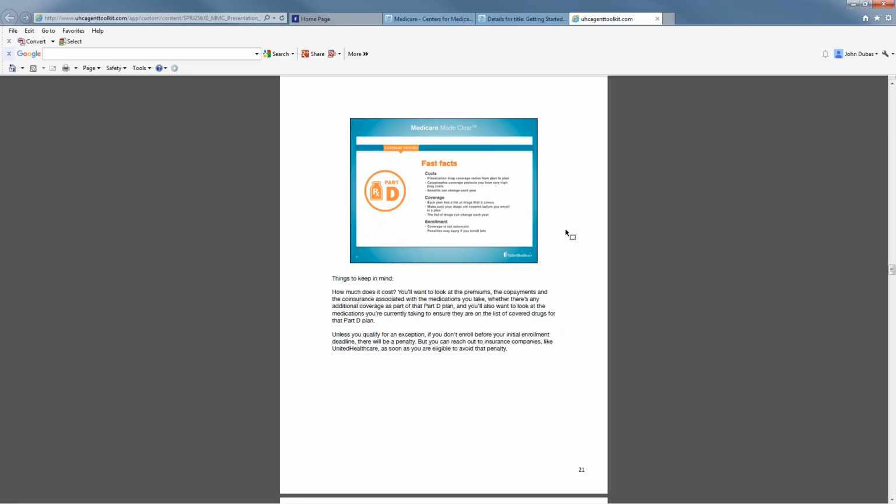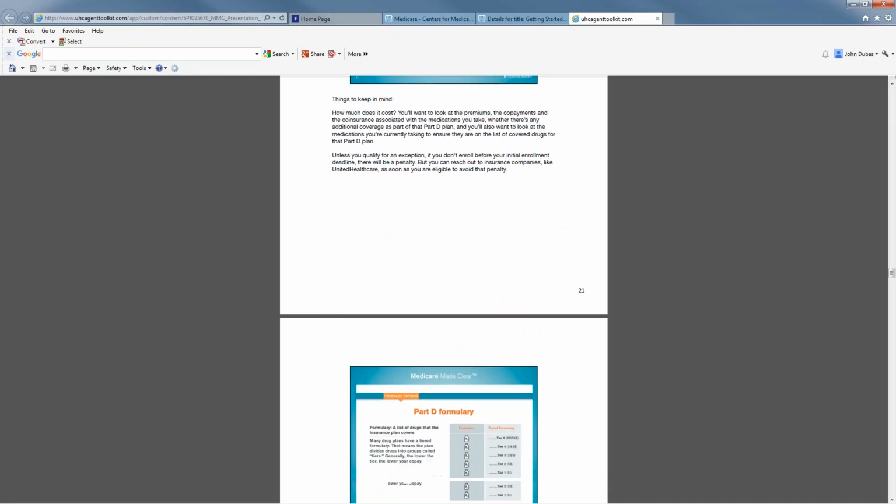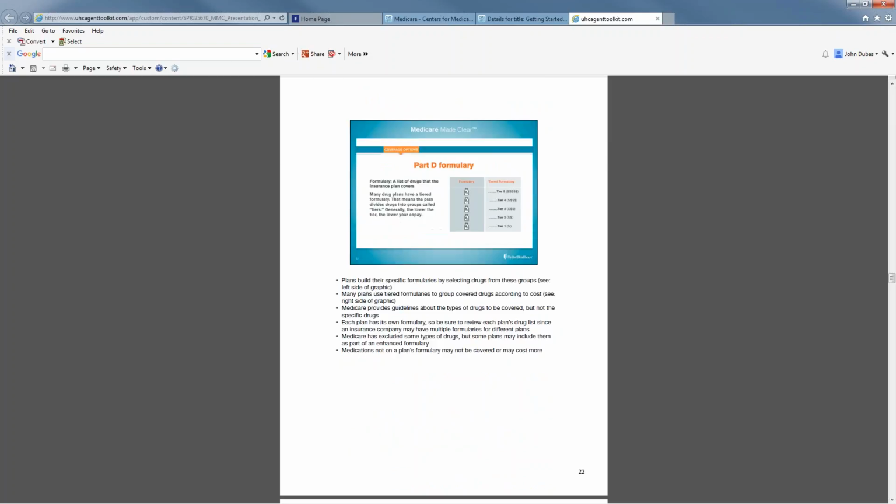And if you don't qualify when you're first eligible and you don't have an exception that gets you out of jail, so to speak, there will be a penalty for the cost of these plans if you don't enroll when you're first eligible. Most of the plans work to help you avoid those penalties.